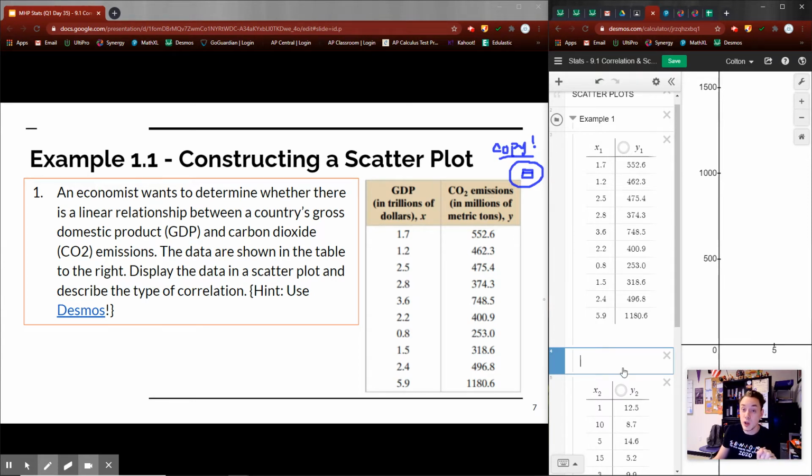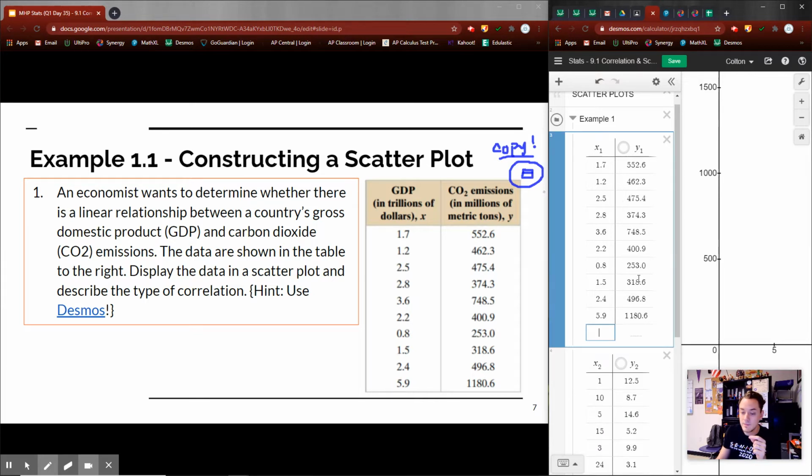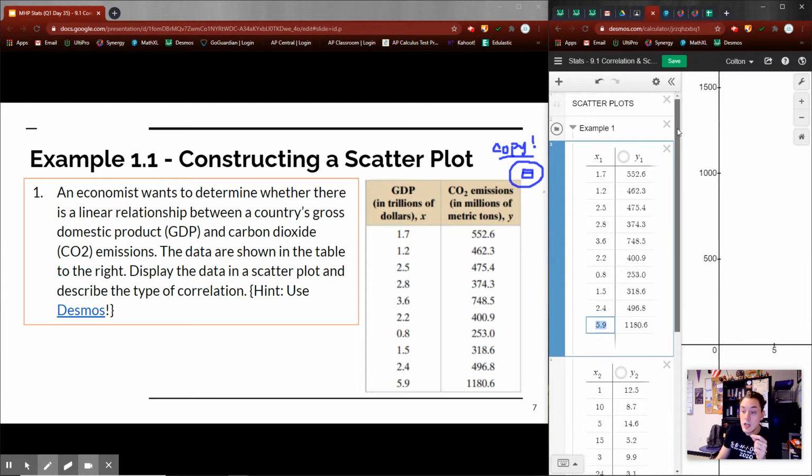This is something that we learned way back at the beginning of stats, if you remember, on our Learn Statistics Desmos activity. We learned how to take data and paste it into Desmos. You remember how important that was? I told you it was important. So you can do that here, or you can just copy it by hand if you wanted to. It's kind of tedious, and I don't recommend it, but you can do that.